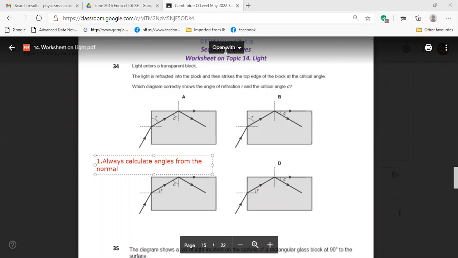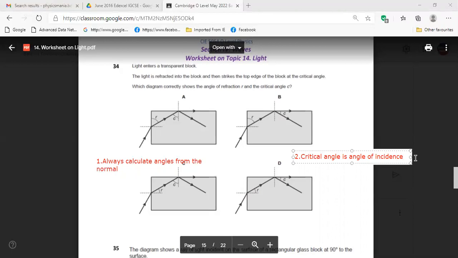The second thing is what you are saying. I am writing that one also. Look here. Second point, what you said: critical angle is the angle of incidence.